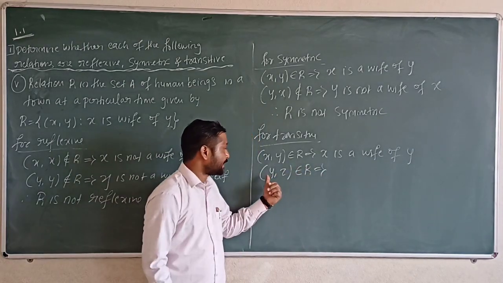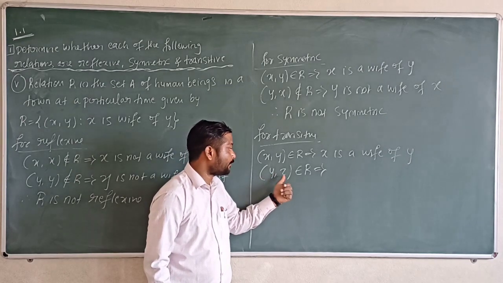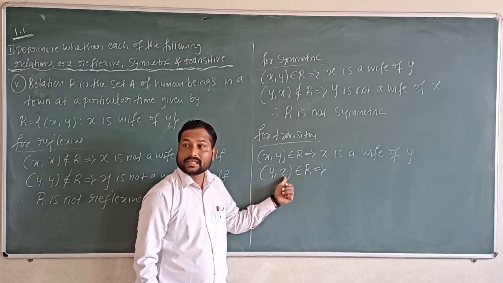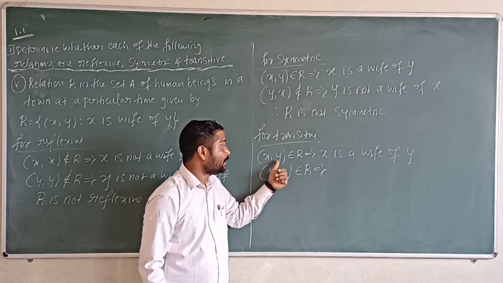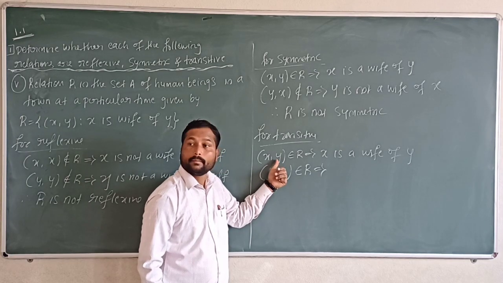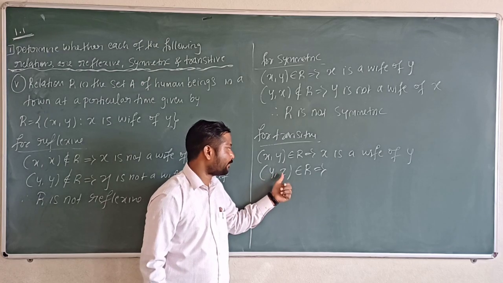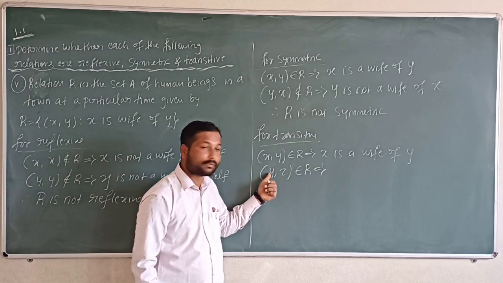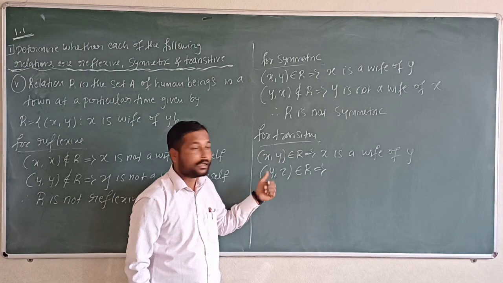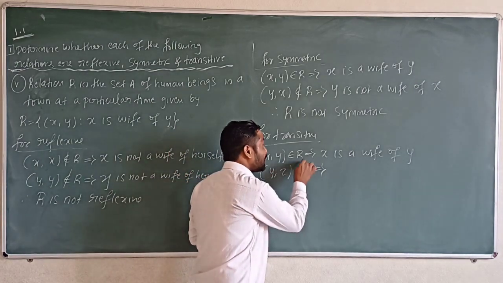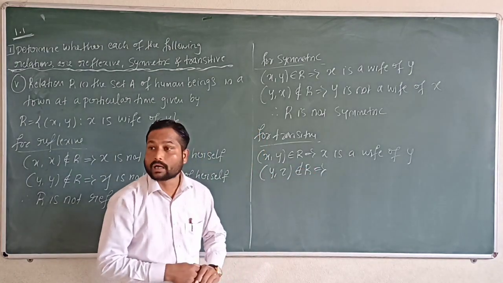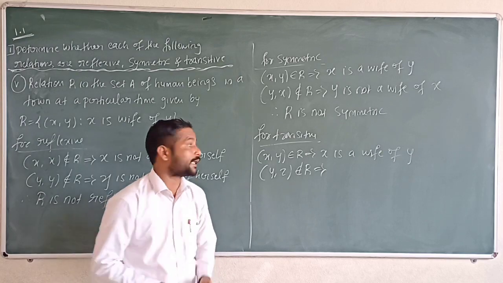Check: is y a wife of z? y is a wife of z is not possible because y is not a woman, it is a man. That means (y, z) does not belong to R. There is no chance of taking this ordered pair.